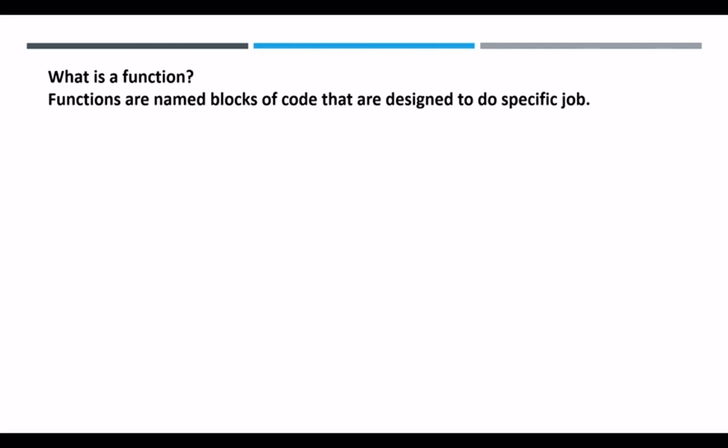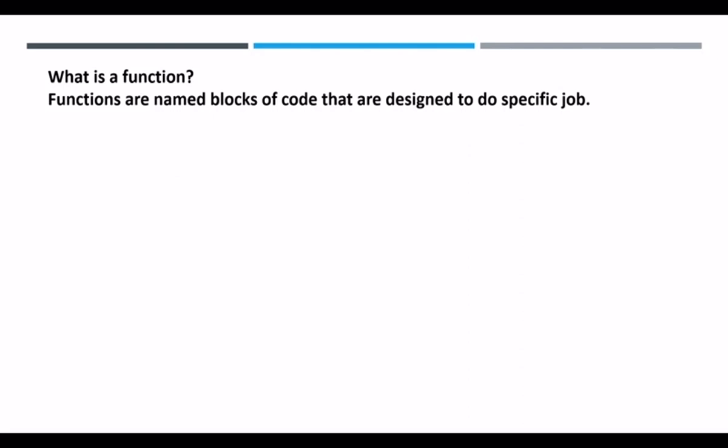Functions are a set of code used to perform a specific task. So here too we have the same definition: functions are named blocks of code that are designed to do a specific job.